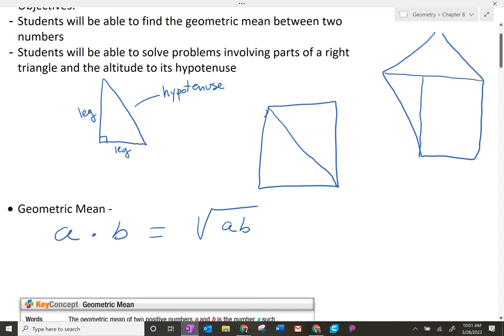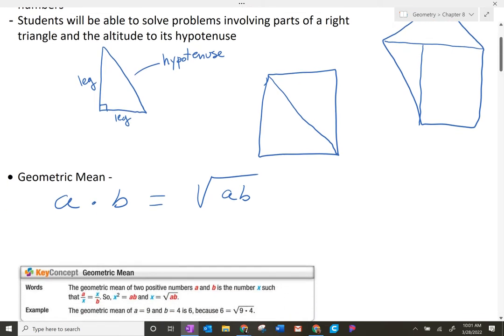So the geometric mean will be multiplying two numbers and then taking the square root of that to find the geometric mean. Everything we've done so far has dealt with the arithmetic mean, so like addition ways. The geometric mean is going to be multiplying and then finding the square root. Okay. So that's kind of the simplified version of it.